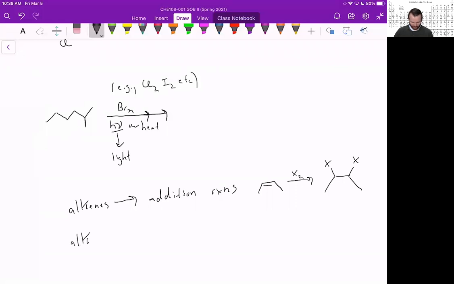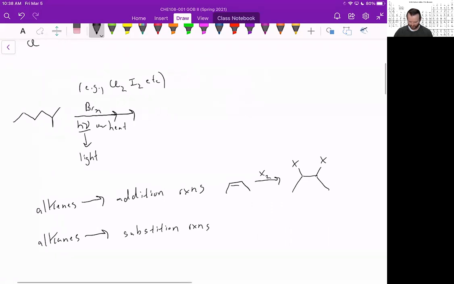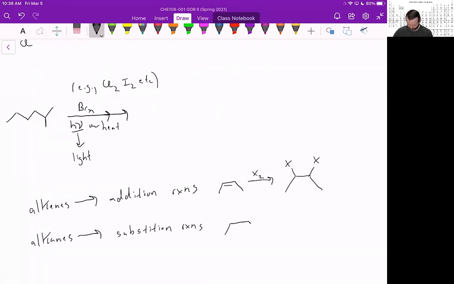But alkanes undergo substitution, with X2 present, light or heat, where you have a carbon-hydrogen bond replaced with a carbon-halogen bond.